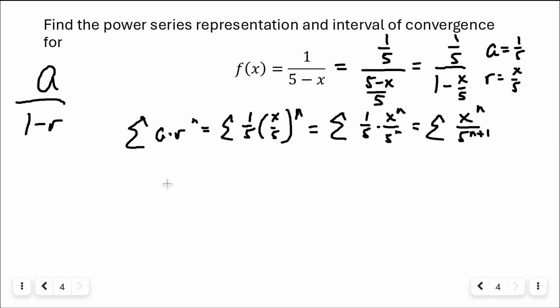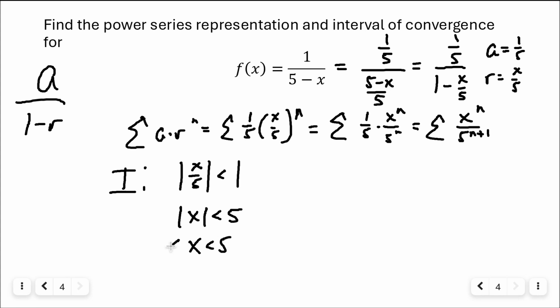All right, now I need the interval of convergence. So to find it, the absolute value of r has to be less than 1, which means that the absolute value of x has to be less than 5, which means that x would have to be between 5 and negative 5 if I solve it.